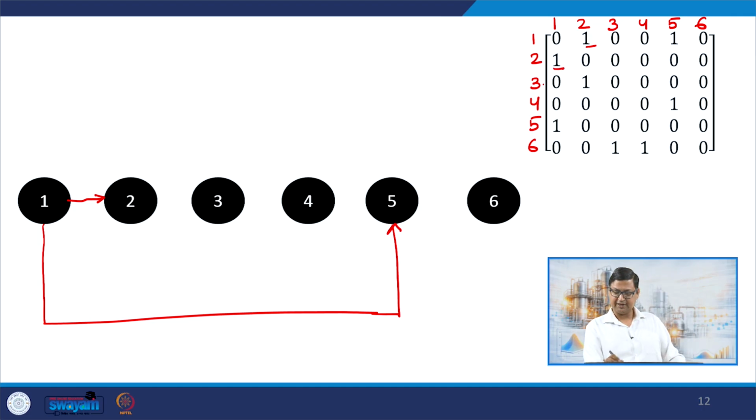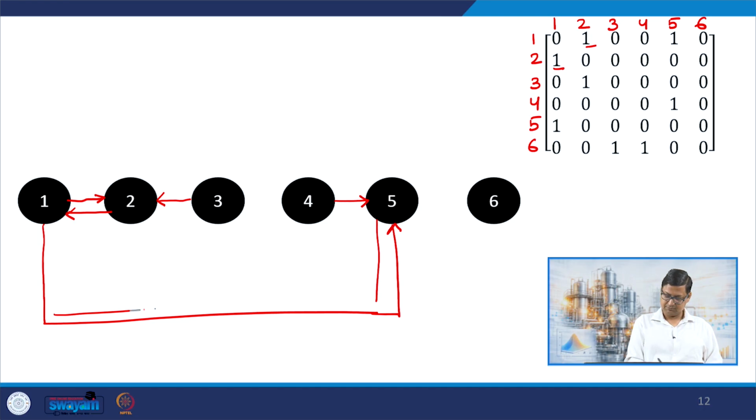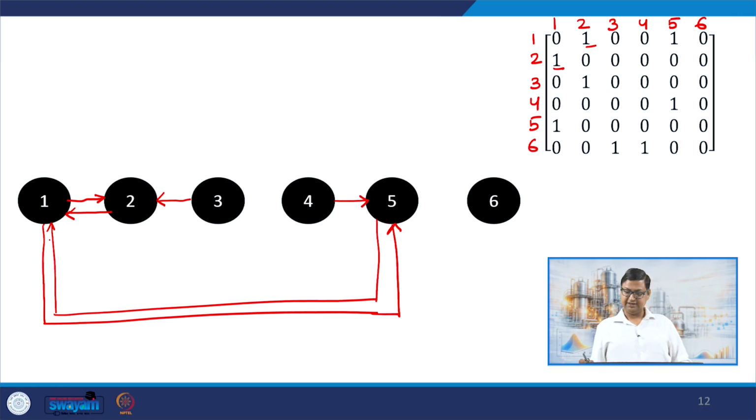From 2 I can go to only 1, and from 3 I can go to 2, and from 4 I can go to 5, and from 5 I can go to 1, and from 6 I can go to 3 and 4.